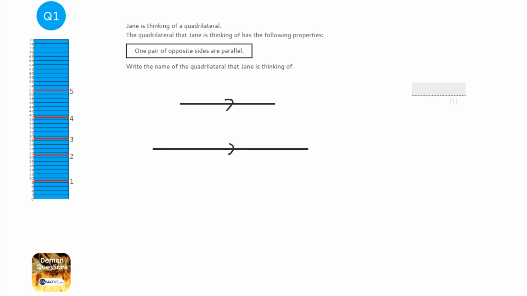Now it says one set of parallels, so I've got to make sure none of the other lines are parallel. There we go. And looking at it now, we know it's definitely a trapezium. That's the only definition of a trapezium: one pair of opposite sides are parallel, and obviously it's got four sides because it's a quadrilateral.